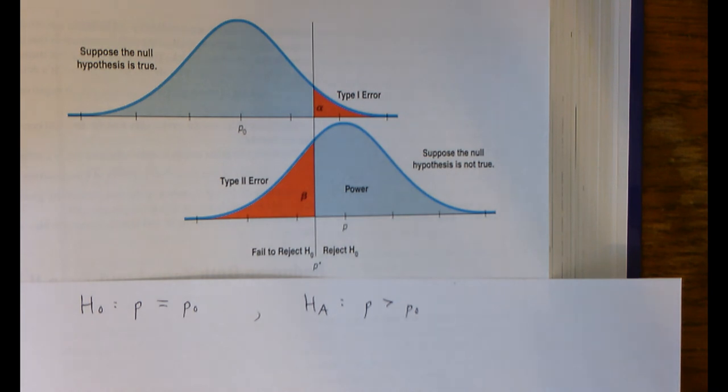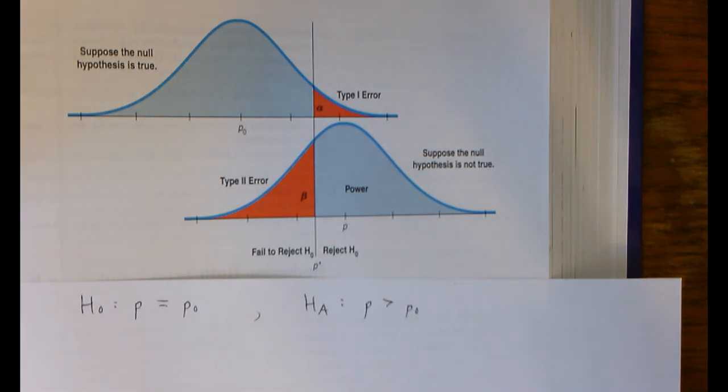So if you look at this bottom curve, suppose the null hypothesis is not true. That means P, the parameter value, is greater than P naught. But it doesn't tell us what P is. For larger values of P, we'd have to shift this bottom curve to the right. That gap between P and P naught would get bigger.